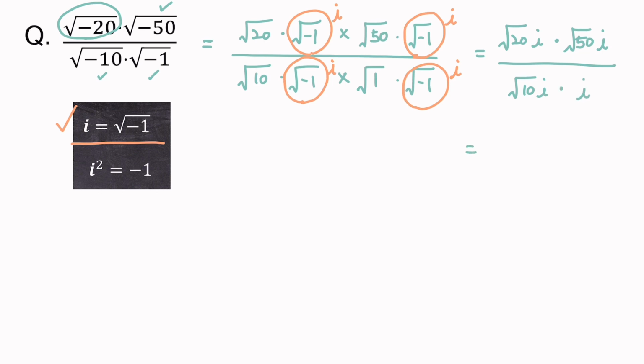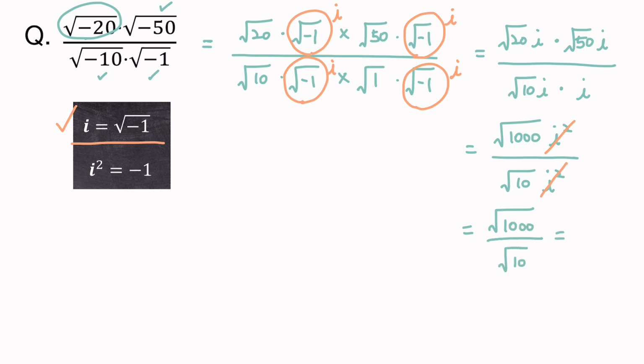Then I am going to compute these multiplications to come up with the square root of 1000 i squared over the square root of 10 i squared. Since I have i squared in both the top and bottom of my fraction, I can conveniently cross that out and end up with the square root of 1000 over the square root of 10, which I can rewrite as the square root of 1000 over 10.